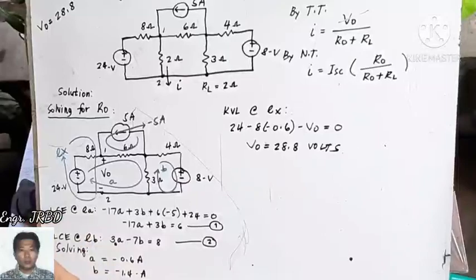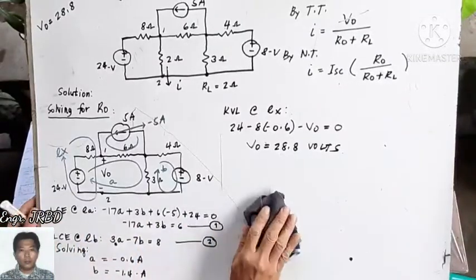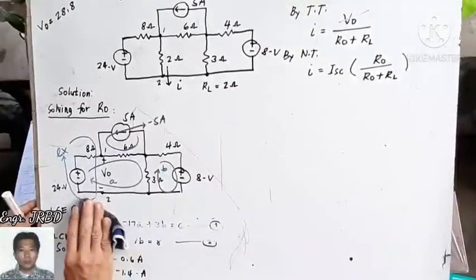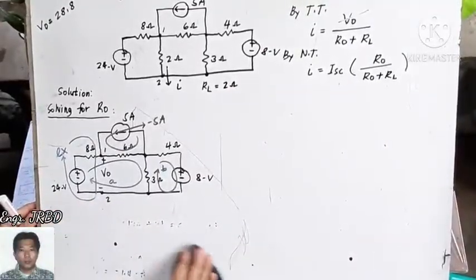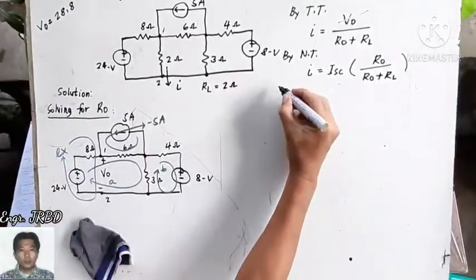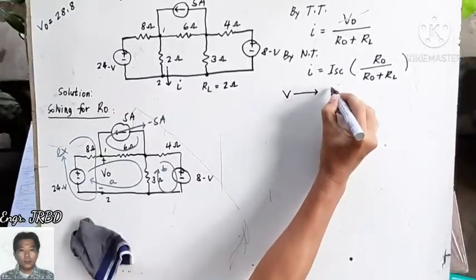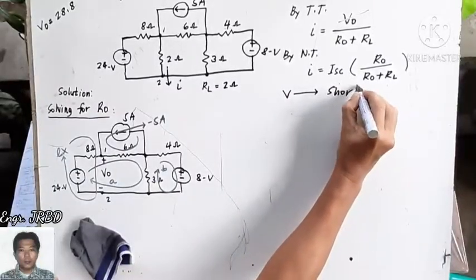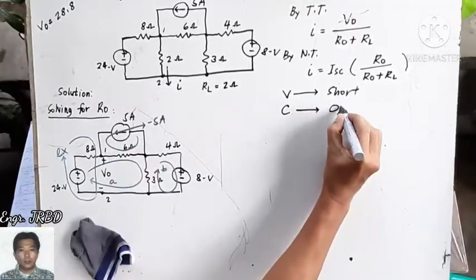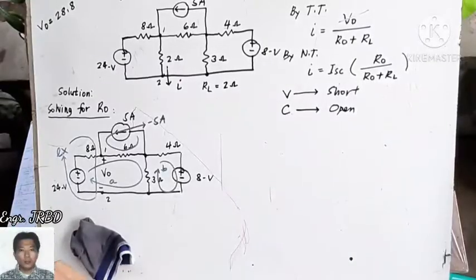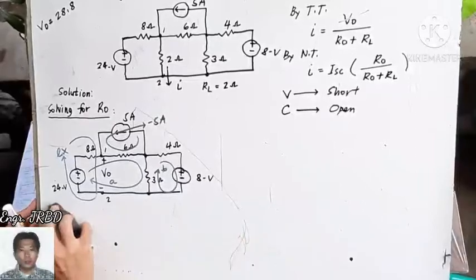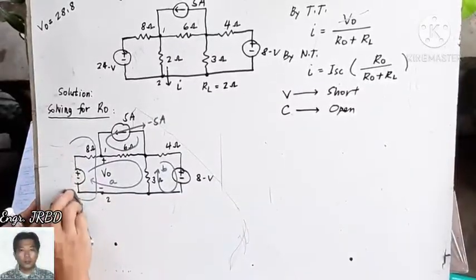In finding your R sub O, first step just the same is you are going to replace all your energy sources by their equivalent internal resistance, which is ideally replace your voltage sources by a short circuit and replace your current sources by an open circuit. Okay? That is what the theorem states. So let us try to redraw your figure.